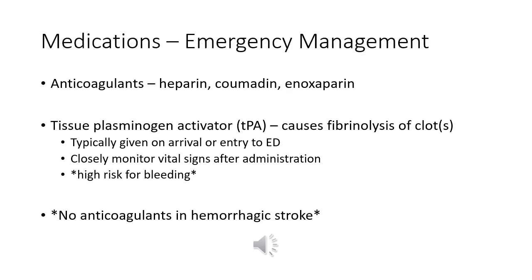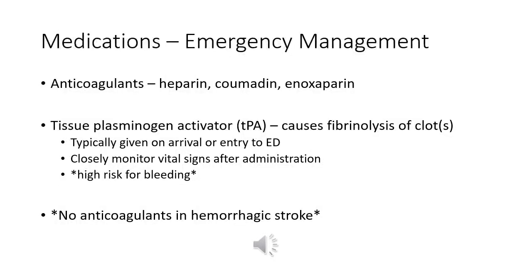And so even though we're treating an ischemic stroke and we're trying to dissolve clots and we're trying to keep them anticoagulated, because it breaks down clots that have formed, there is a high risk for bleeding, so we want to monitor for that. The only other instance where you might see TPA given, and I'm only mentioning this because you'll sometimes hear nurses ask for it or use it on the floor in cases where there aren't strokes, but in very, very low dosages and concentrations.